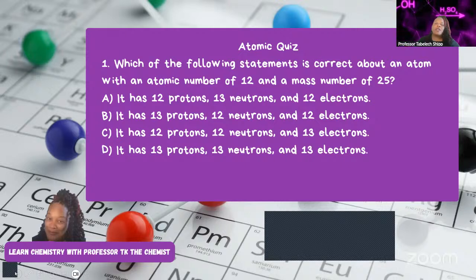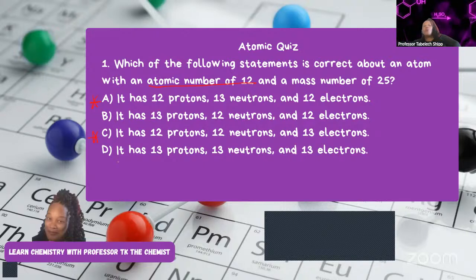Okay, so what you got to keep in mind is that the atomic number 12 represents what? To help you do process of elimination, the atomic number of 12 also equals protons. So you can look at between A and C. Letters B and D aren't it because the protons are 13.